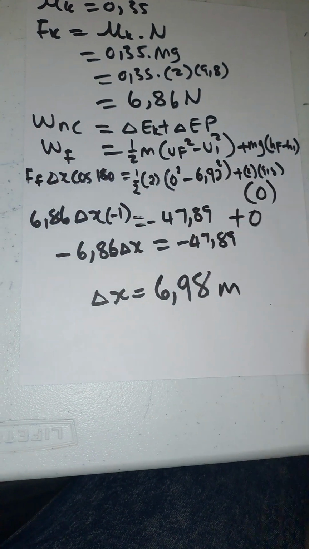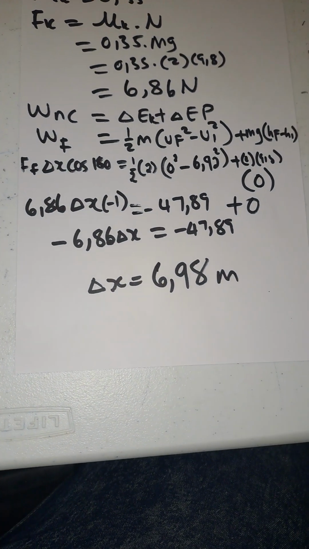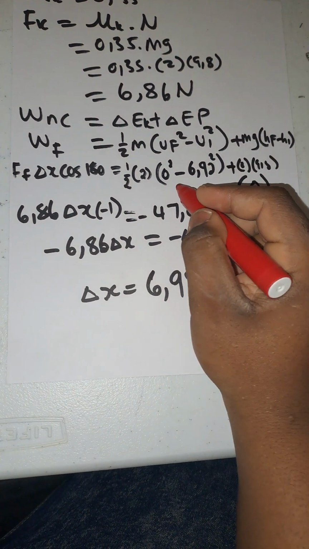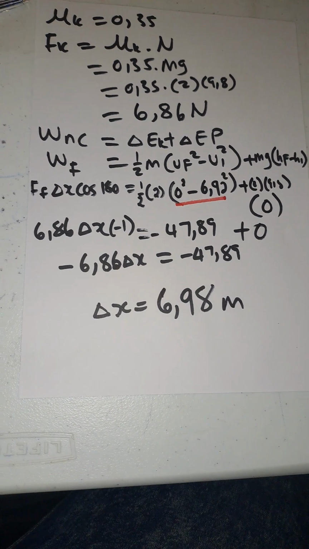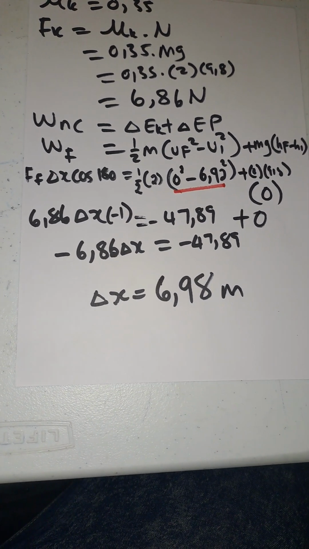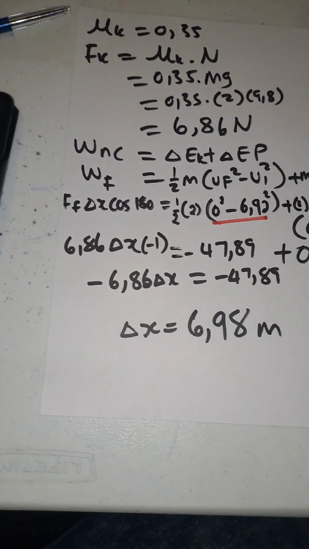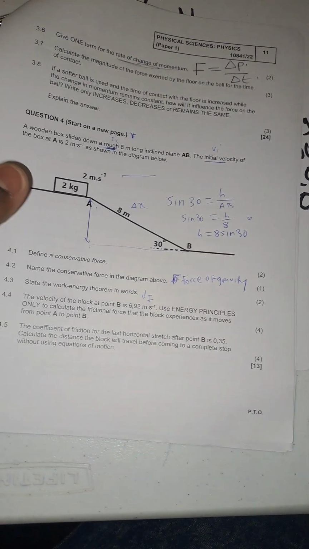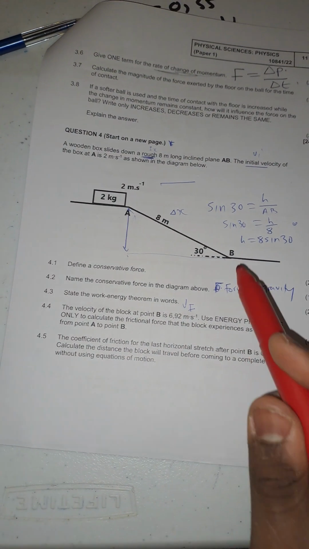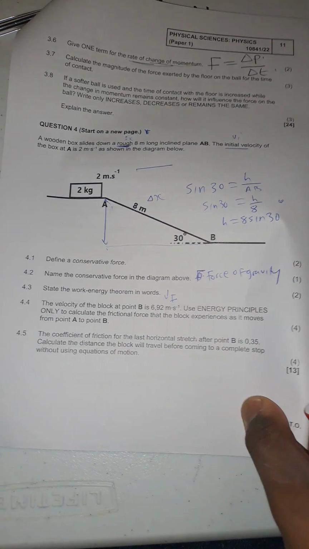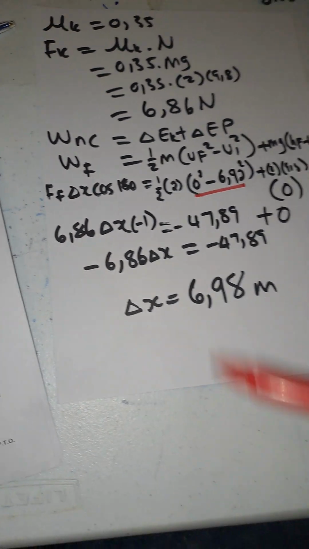The tricky part was here, but now it is just like that. So now check. They said the distance when it moved from B until it comes to a complete stop, right? So the tricky part is here.